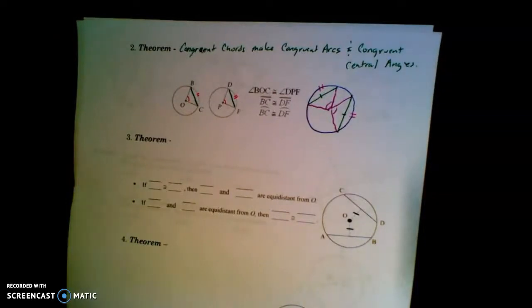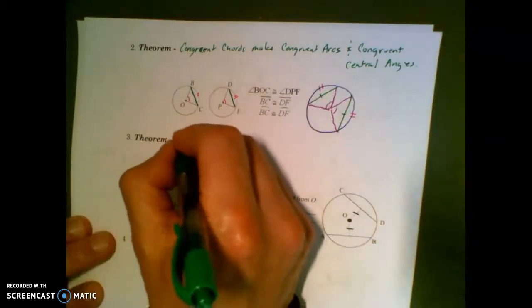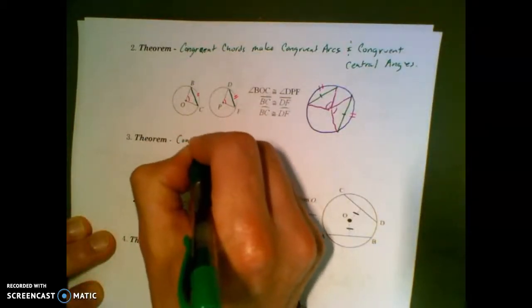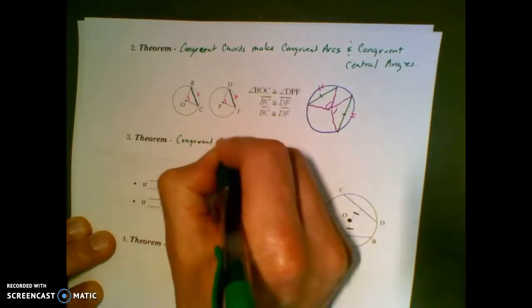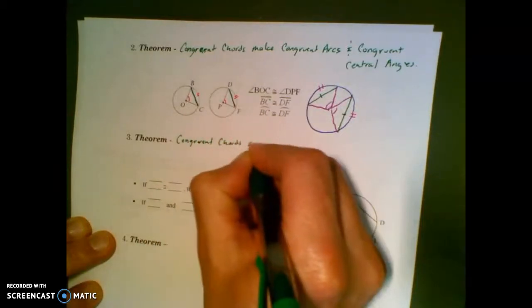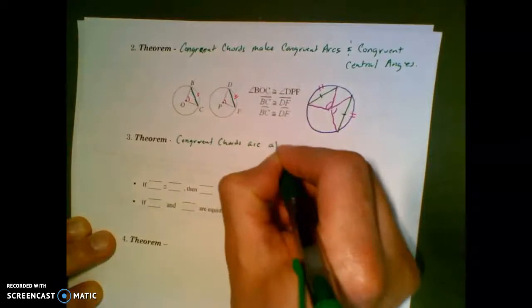The other one we looked at, I did illustrate on the kitchen floor, and that was that congruent chords are always equidistant from the center.